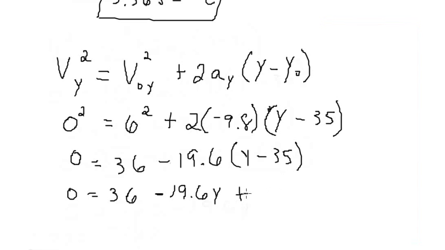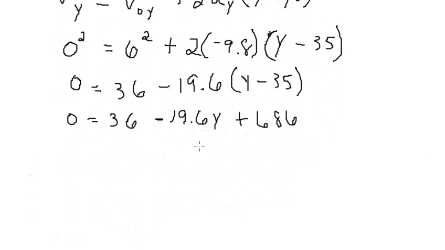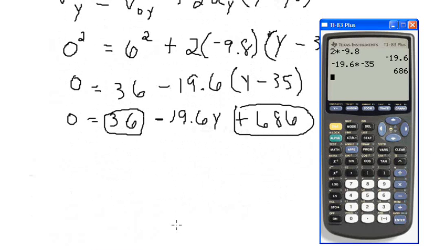So this is 686. Okay, let's combine the like terms, this right here and this. We can combine that. So we have 36 plus 686. That gives us 722.